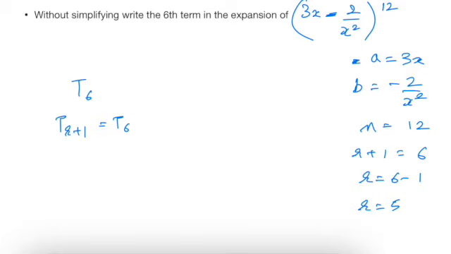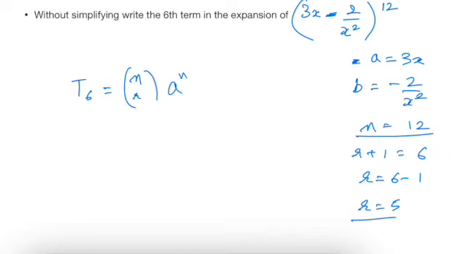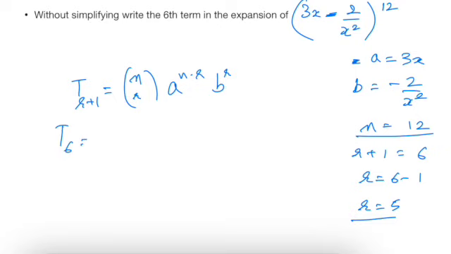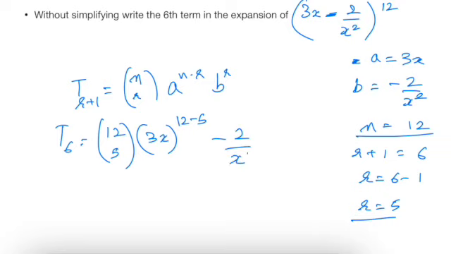Okay, so we have all the values here. Let's find T6. T6 is equal to nCr into a to the power n minus r, b to the power r. Let's write it as T r plus 1. So T6 is equal to, what is n? 12C5. What is a? (3x) to the power 12 minus 5, (minus 2 by x square) to the power 5.